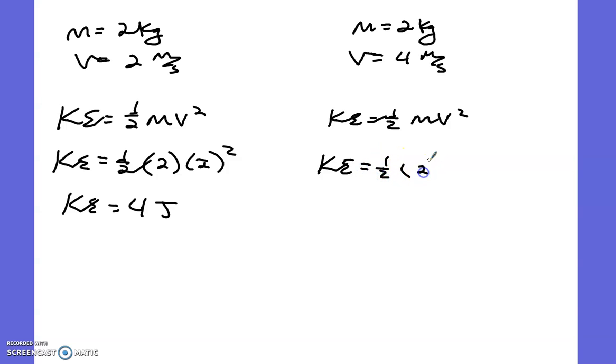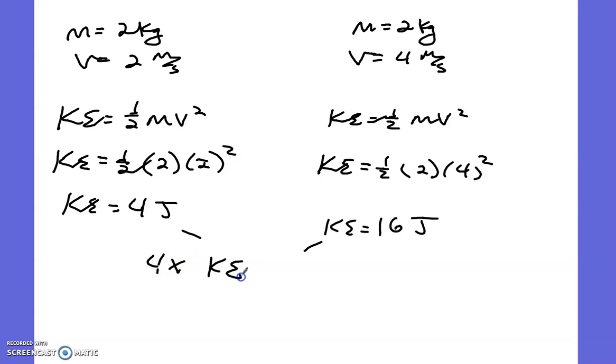The mass is 2, and the speed is 4, but the speed is squared. We have 1/2 of 2, which is 1. 4 squared is 16, and 1 times 16 is 16. And so we see that we haven't doubled the kinetic energy at all. No, double would be 8. Instead, what we have done was we have quadrupled the kinetic energy. We have 4 times the kinetic energy when we double the speed.